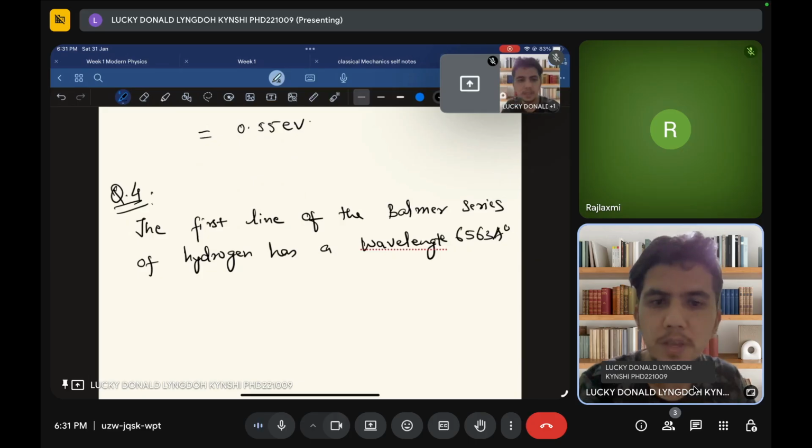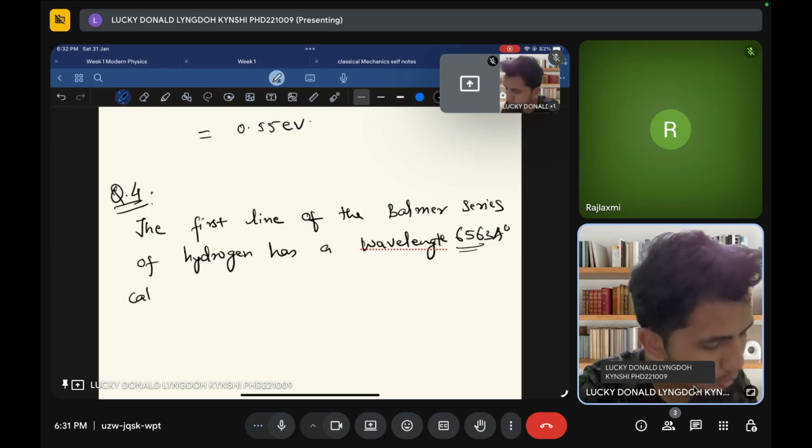That means you have a transition, or a radiation emitted, with a wavelength 6563 Armstrong. Calculate the wavelength of the second line.